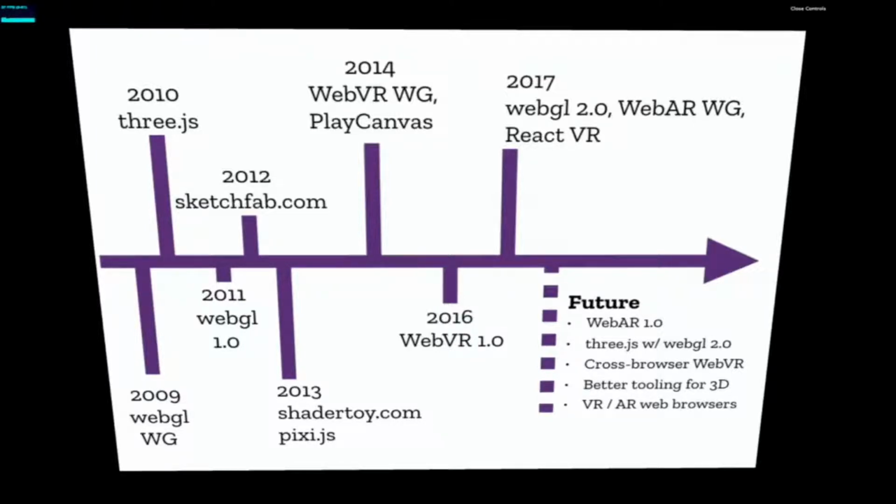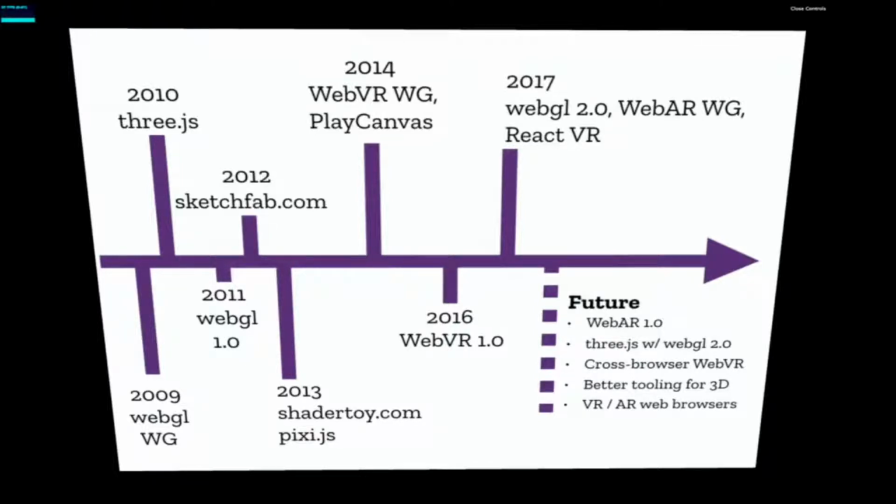And I guess the WebGL working group and those people related to that were done with 1.0, so they needed something else to do. So they started working on the WebVR spec. The WebVR working group started that in 2014. And a couple of years later, the WebVR 1.0 spec was finished. If there's anything that happened in WebGL related things in the browser in 2015, please let me know.